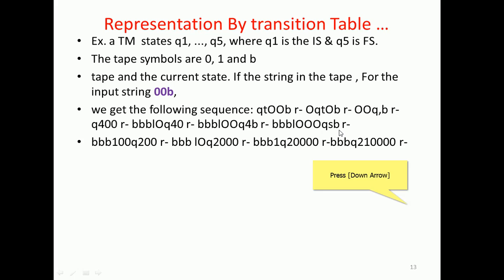So finally we can have BBB 100 Q2 00, then BB 10 Q2 000.